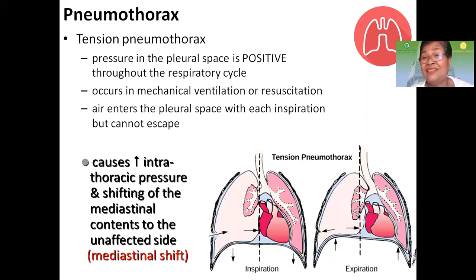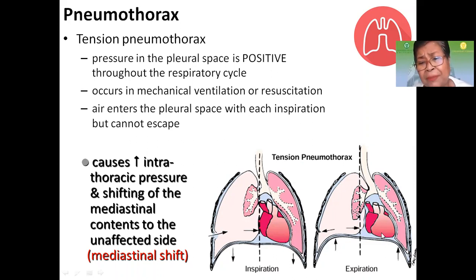During inhalation, there's mediastinal structure to the contralateral or to the unaffected side. May dressing ka. Kaya during exhalation, may takip, the pressure in the pleural cavity remain positive throughout the respiratory cycle, both inhalation and exhalation.